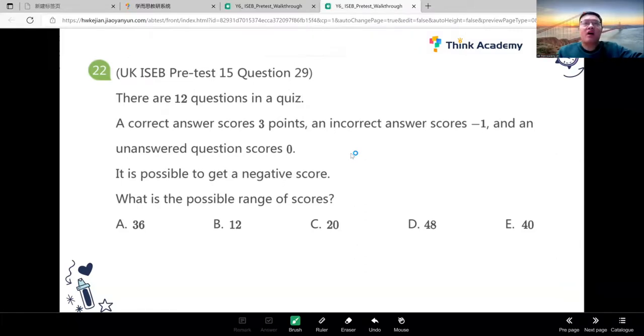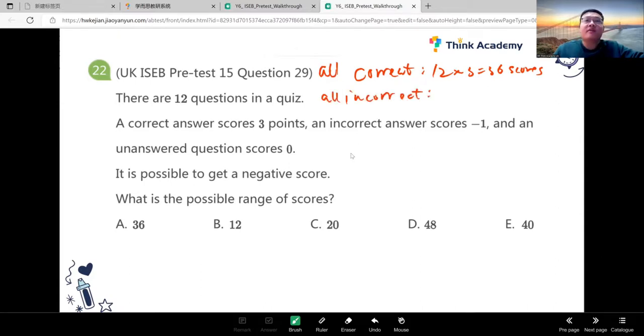If we got all the questions correct, that will be 12 times 3. I can get 36 points. But if I got all the questions incorrect, then I got -1 times 12, which is -12 points.